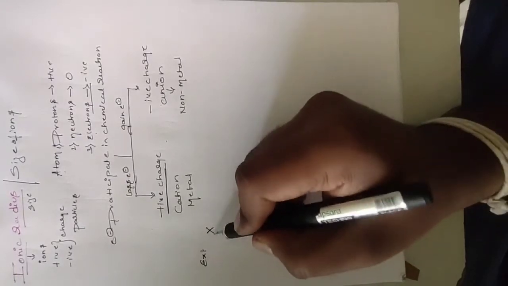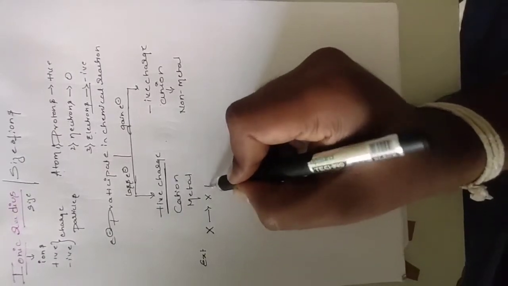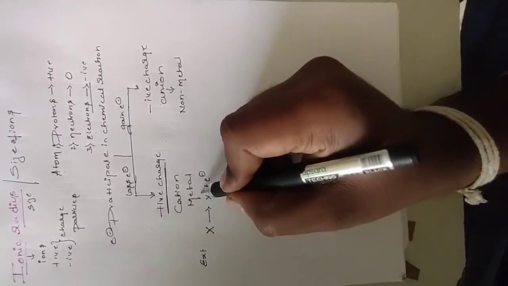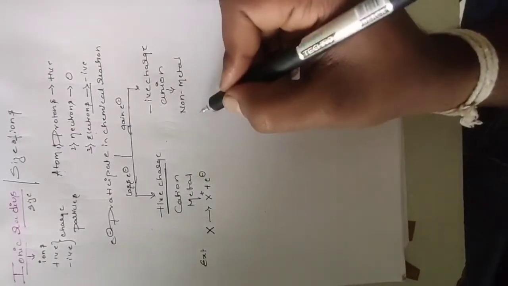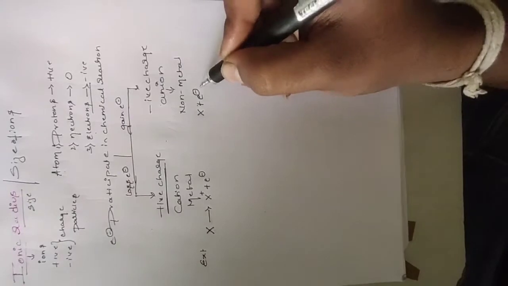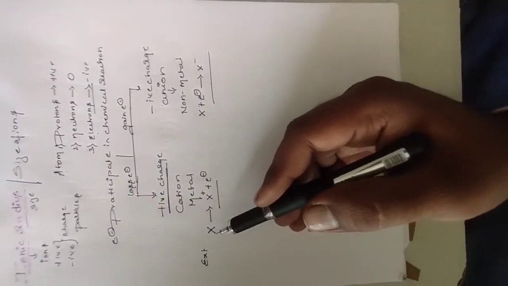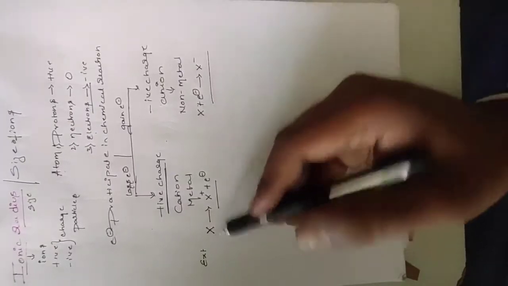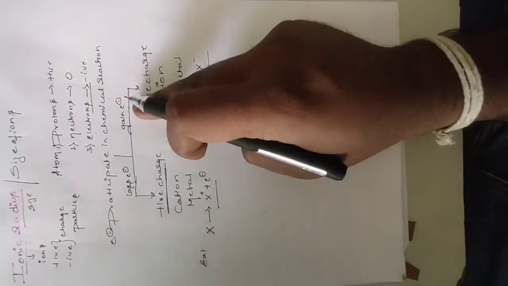If it loses an electron, it shows positive. If a non-metal atom gains an electron, it shows negative. So the two types are cation and anion, positive and negative.